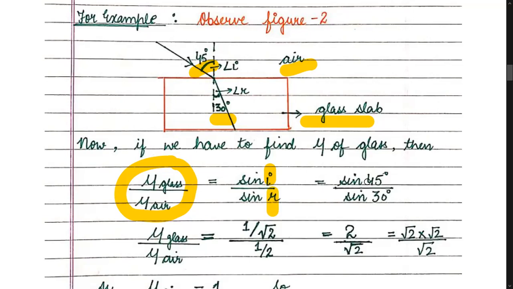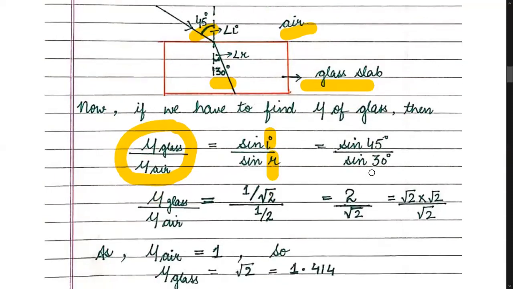So we will have sine 45 degrees divided by sine 30 degrees.